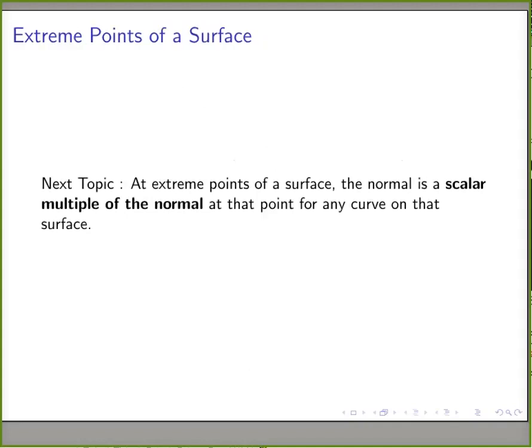If you take extreme points, then the normal to the surface at that point is a scalar multiple of the normal of any curve on that surface through that point. It is not going to be the same, but it will be some scalar multiple.